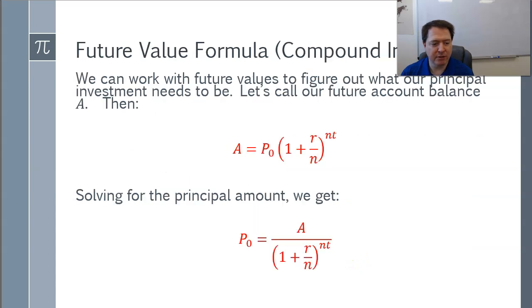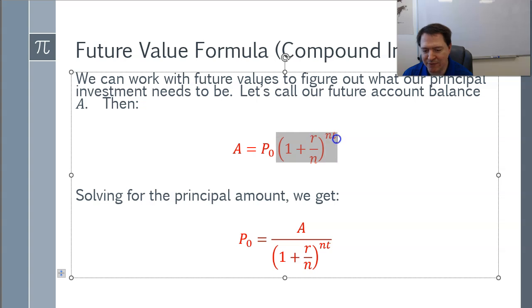Okay, so we start with that compound interest formula that we've been using so far, where we've got multiple compounding periods, that's what this n is here. Literally all we have to do is rearrange it. You can divide both sides by the same thing, it's an allowed thing in algebra.